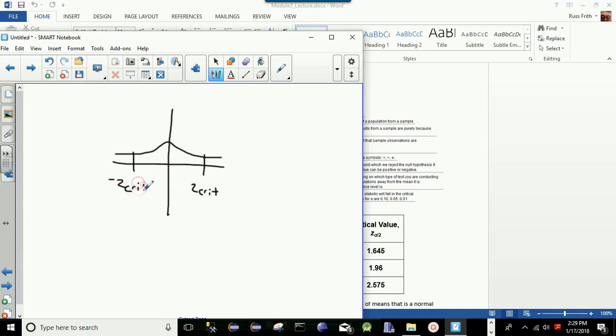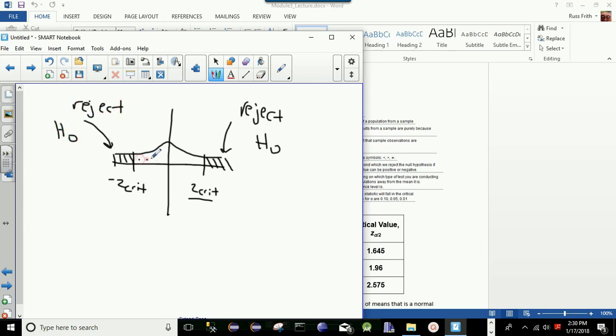Now, if it happens that you calculate a test statistic, and I'll show you how, and the number for that test statistic is bigger than this critical value, okay, then there was no chance occurrence. Okay, you reject the null hypothesis. Okay, so if your test statistic, which you will calculate, falls in these shaded regions, these are reject regions. Okay, you reject the null hypothesis, and I'll explain more later.